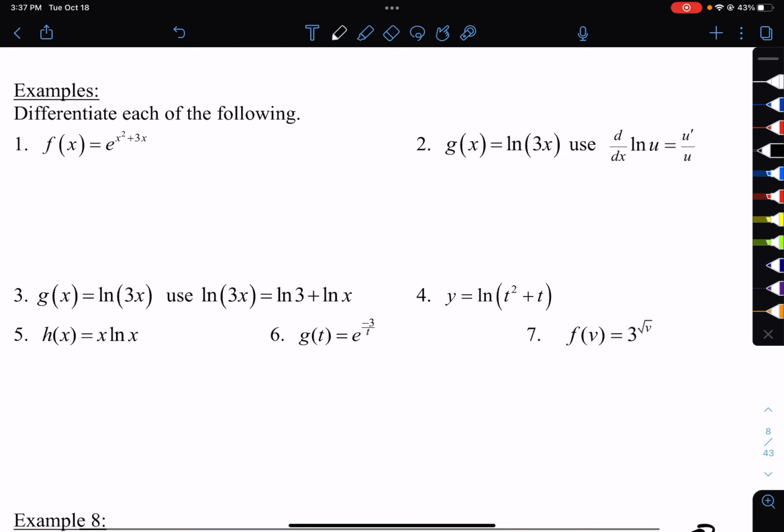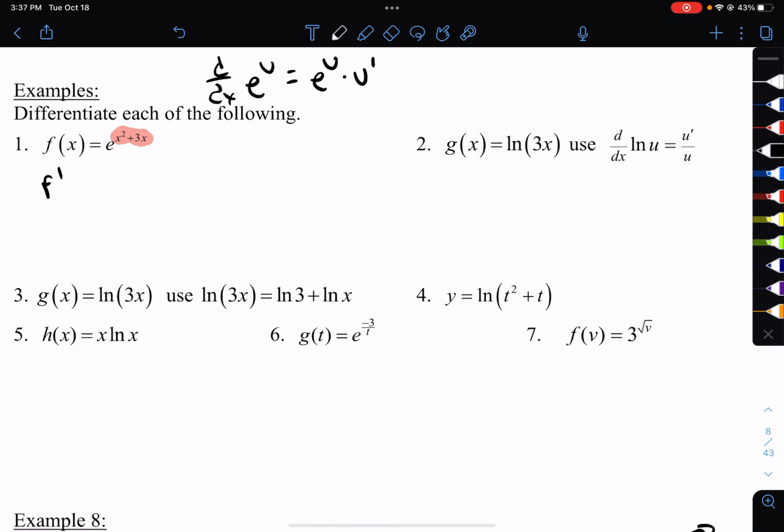So number 1 wants me to take the derivative of e raised to the x squared plus 3x. So I don't just have an x up here on top. I have an x squared plus 3x. And the formula for that told me that the derivative of e to the u is e to the u times u prime.